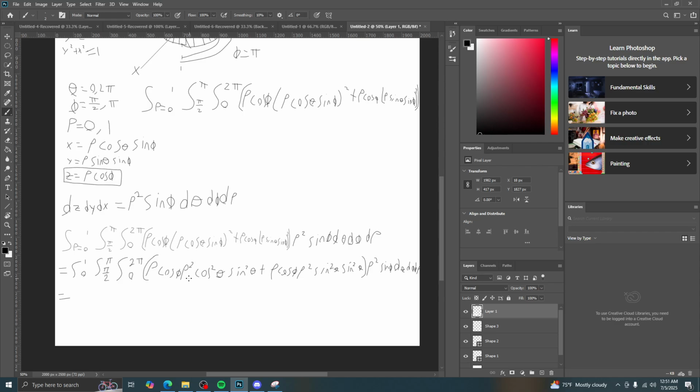And then inside the parentheses would be cosine theta squared. Also, you have to take the cosine out. Okay, we're gonna write it down. So first of all, let's just combine the rhos, and then we can distribute the rho squared after that. So we'll do this integral, this is the rho integral, and then this is the phi integral, this is the theta integral.